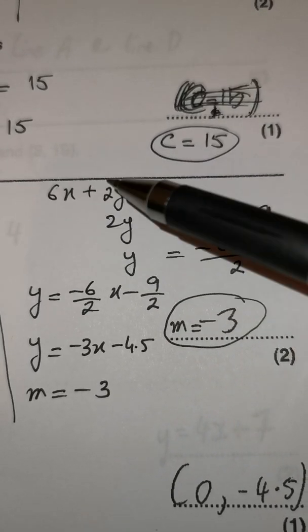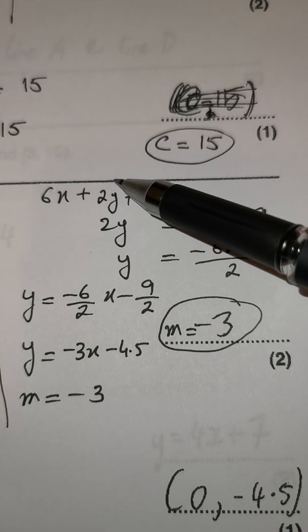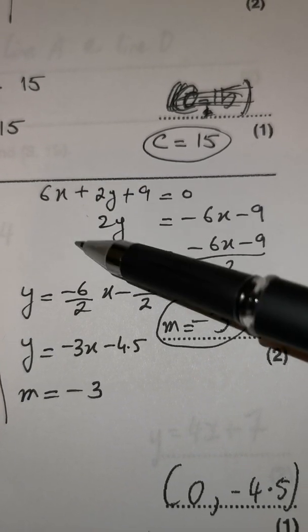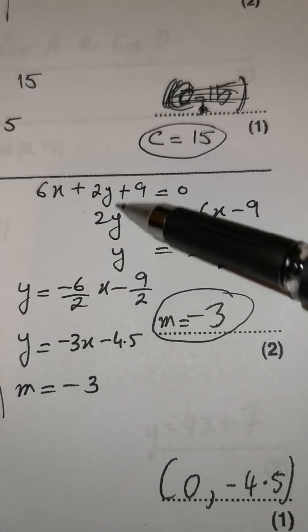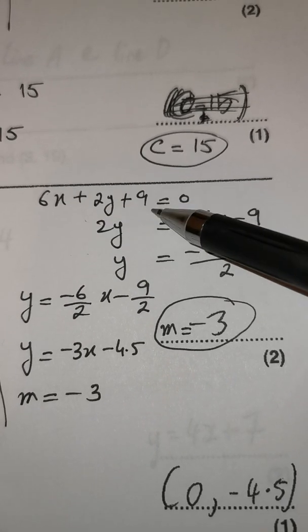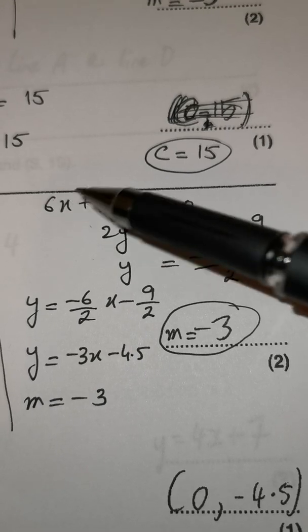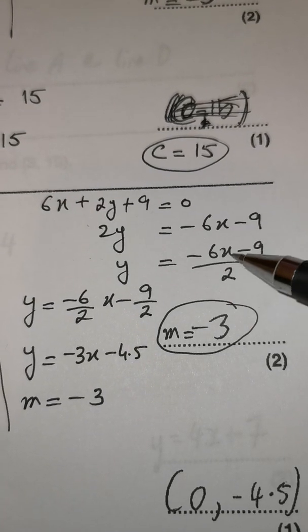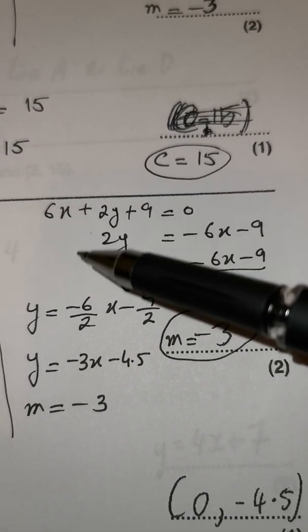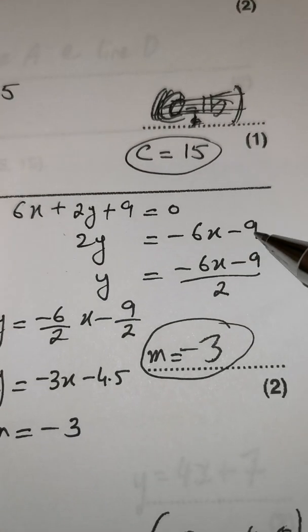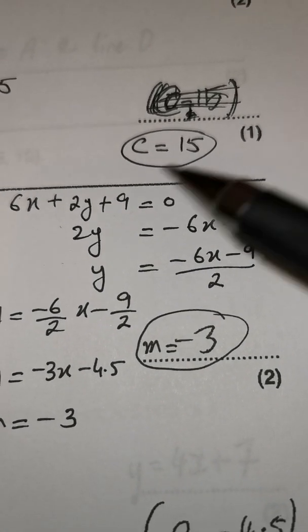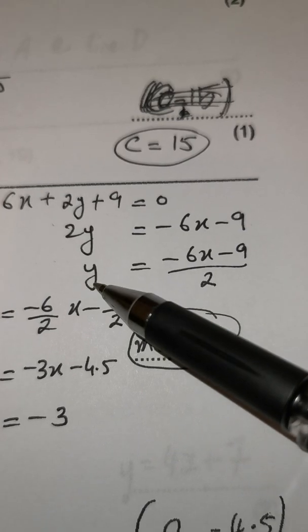I will keep the term involving y, which is 2y, on one side, and whatever is added or subtracted I will take to the other side. It will change signs, so it will become -6x - 9. So 2y = -6x - 9, but I want it in the form of y.